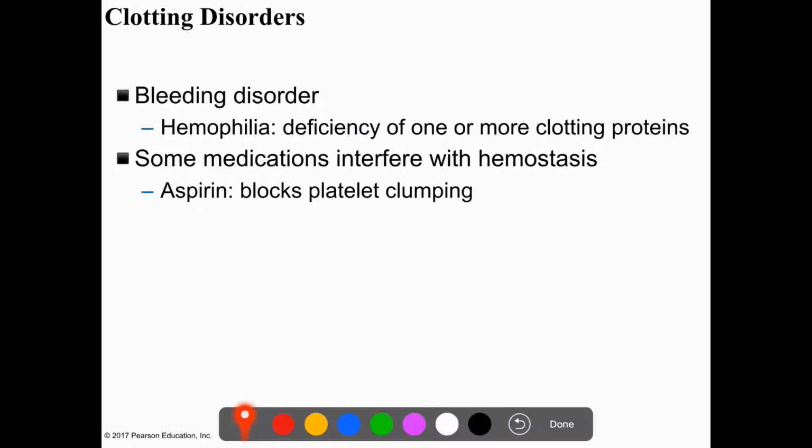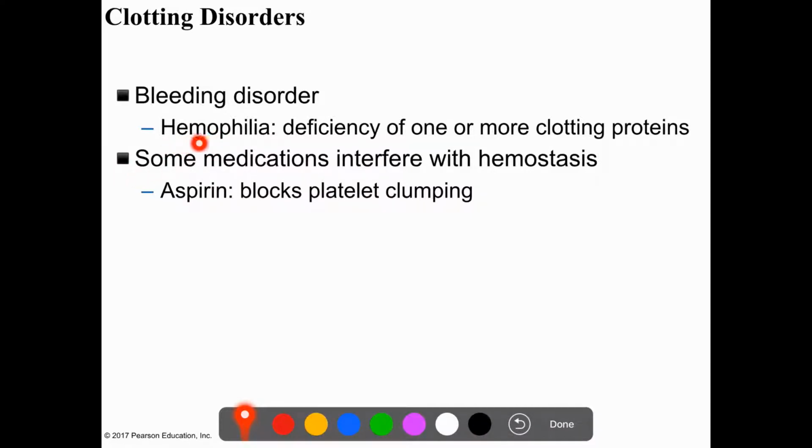Now, with them, there might be some clotting disorders, like bleeding disorders, such as hemophilia. This is a deficiency of one or more clotting proteins. In this case, the blood cannot clot, and if there is an injury, the blood would continue to run out of that cut until something is done, like sealing or stitching the cut, to stop the bleeding.